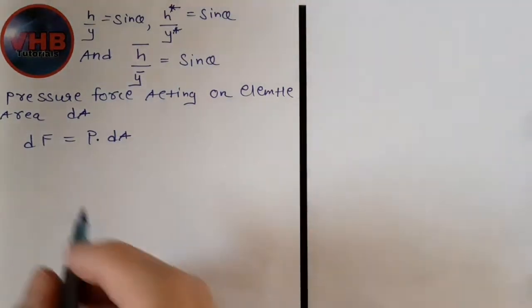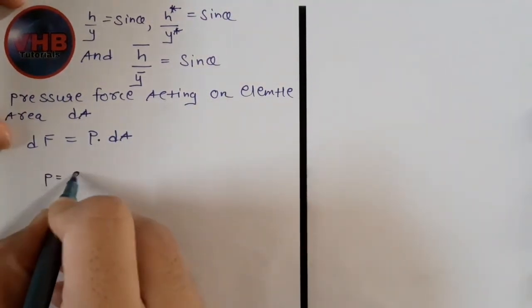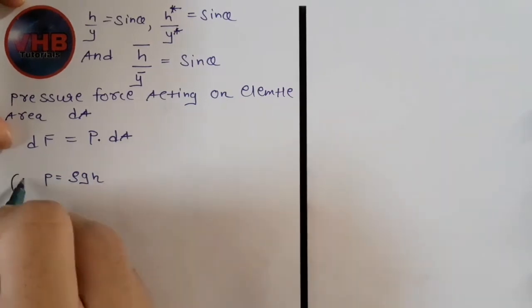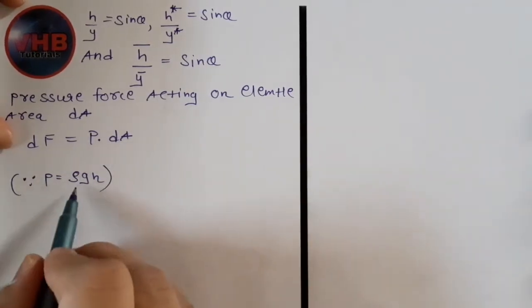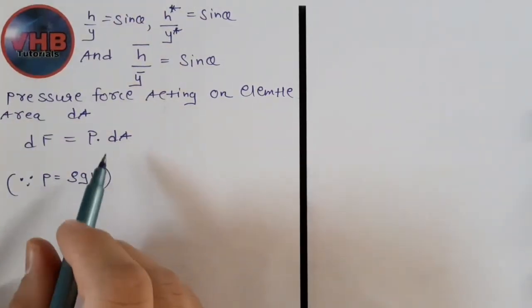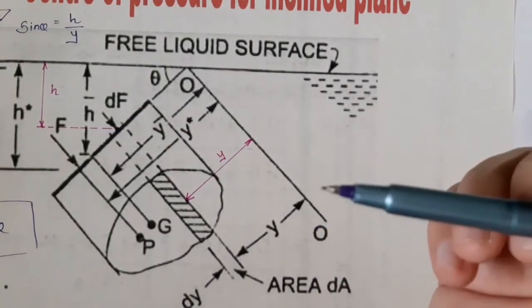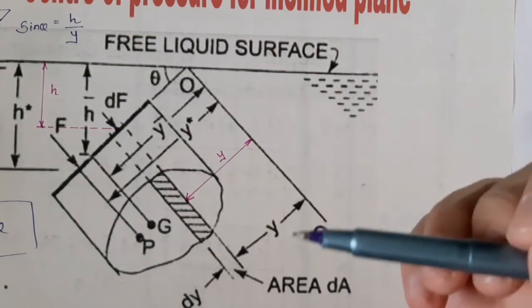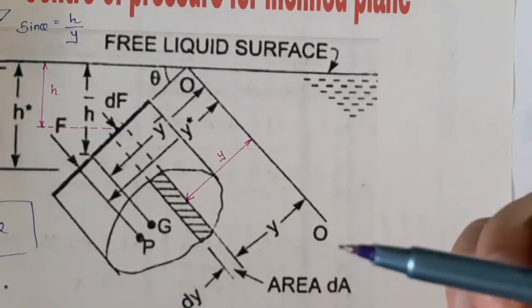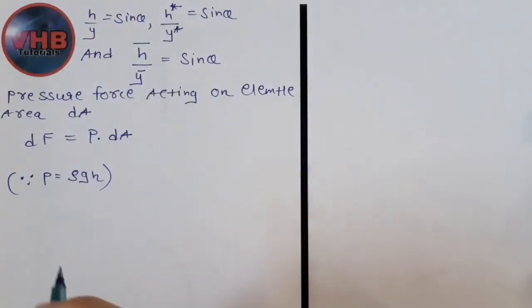Using that law, pressure equals rho into g into h. Why can we write rho g h? Because the pressure at a point in a static fluid at a particular depth is given by the hydrostatic law, that is P equals rho g h.